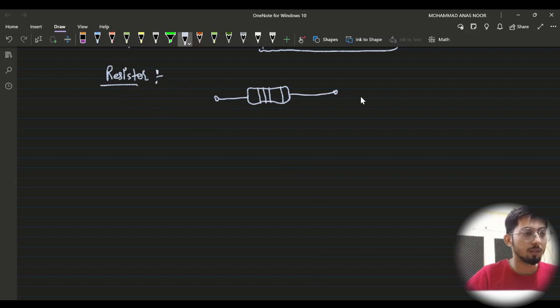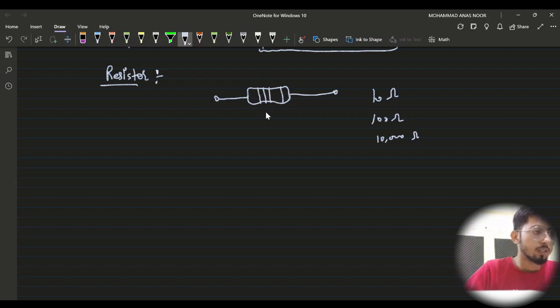For example, it may have a value of 10 ohm or 100 ohm or even 10,000 ohm, whatever. It is not possible to write it on this small resistor. These color codes represent the value.